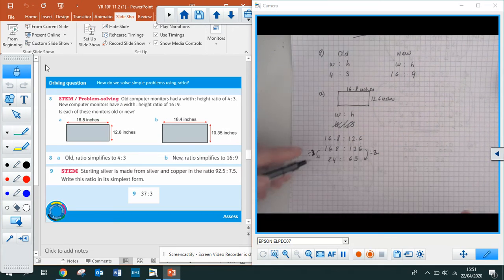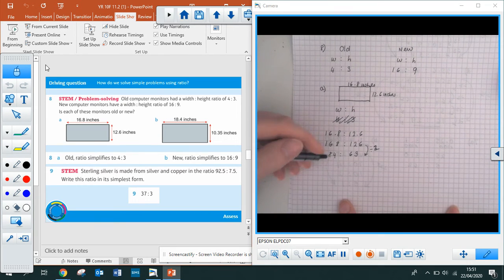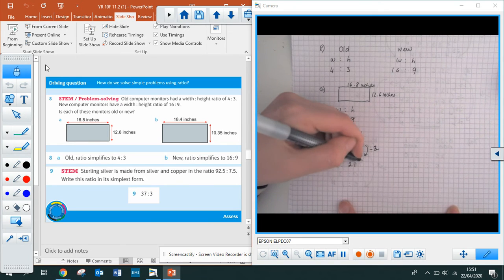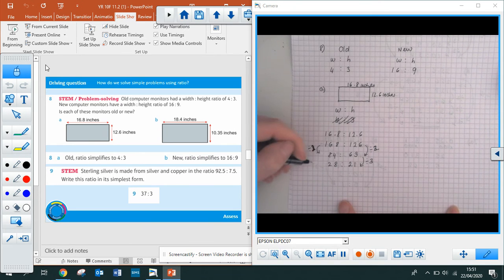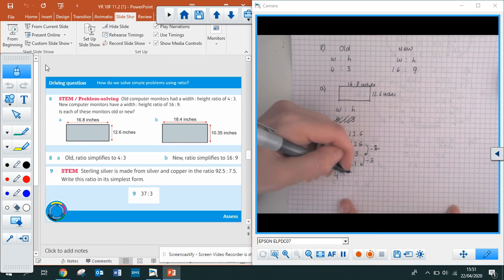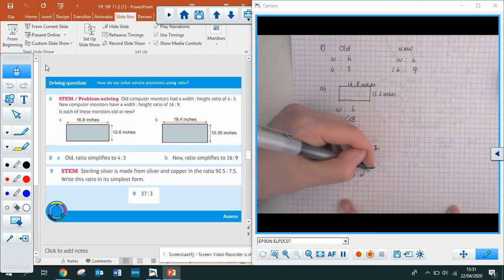They're both divisible by 3. So I'm going to divide both sides by 3. That gets me to 28 to 21. Okay, that's dividing by 3. Then from there, I can see they're both divisible by 7. Okay, 7 goes into 28 4 times, and it goes into 21 3 times. So that was divided by 7.